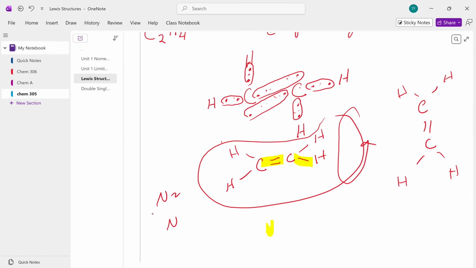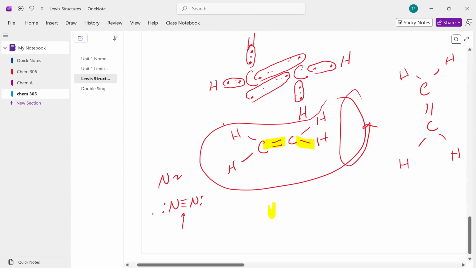This is what it looks like. So nitrogen can have a total of 3 bonds. This is called a triple bond here. So carbon can have a triple bond, nitrogen can have a triple bond. Oxygen can only have a double bond.